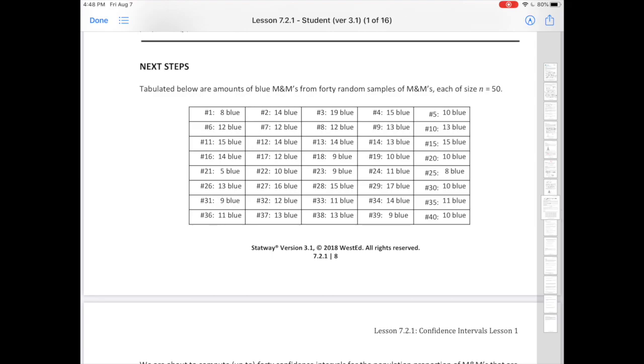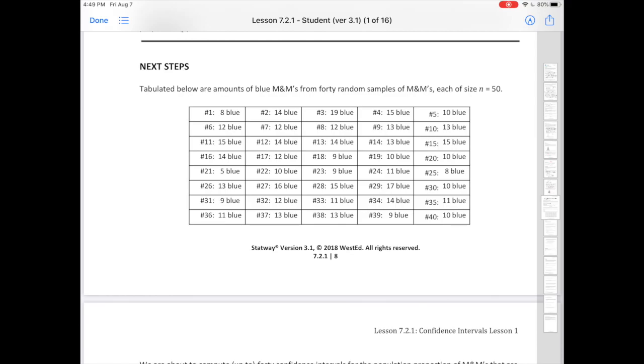Okay, next steps. Tabulated below are amounts of blue M&Ms from 40 random samples of M&Ms, each of size n equals 50. Let me show you what these mean. For example, the first one says we got a sample, and out of the 50 M&Ms, 8 of them were blue.